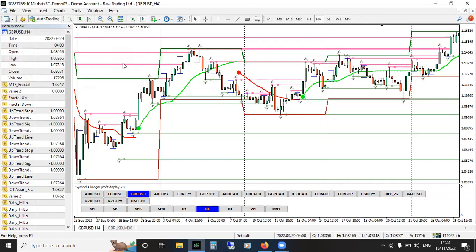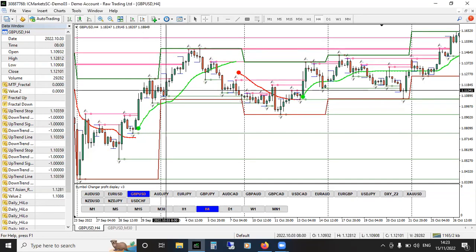So this will help us to see if price is currently at the high of the week or not. Let's start from the 4th of October. On the 3rd of October, price comes in here at the close of Asia, takes the Asia high.